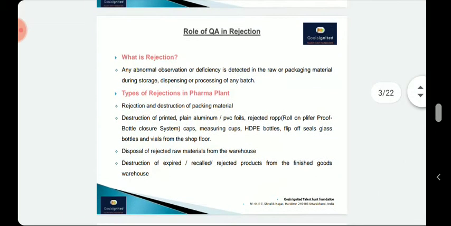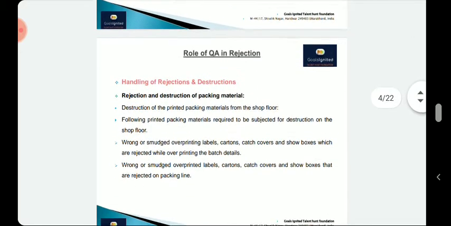These all are rejections which need to be properly maintained and handled in order to have a smooth shop floor activity. Disposal of the rejected raw material from the warehouse is also a very critical thing in today's scenario. Destruction of expired, recalled or rejected products from the finished goods warehouse is also a rejection in the pharma plant. Now we will discuss the handling of the rejections and destructions.